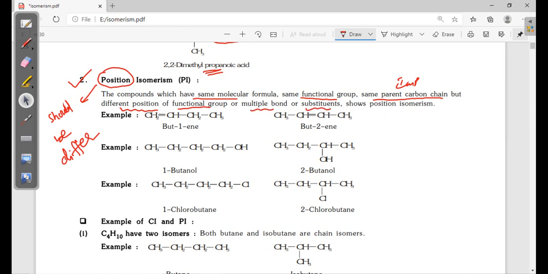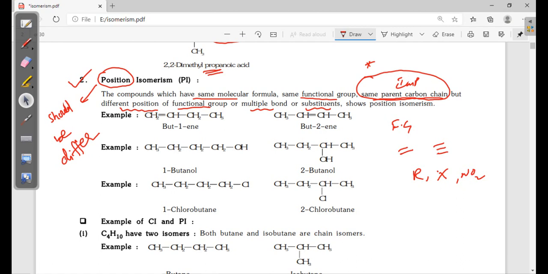Any one of these: either the functional group, or a double or triple bond, or substituents like RX, nitro groups. If these positions are different, these are called positional isomers. The condition is the same parent carbon chain. It is very important.